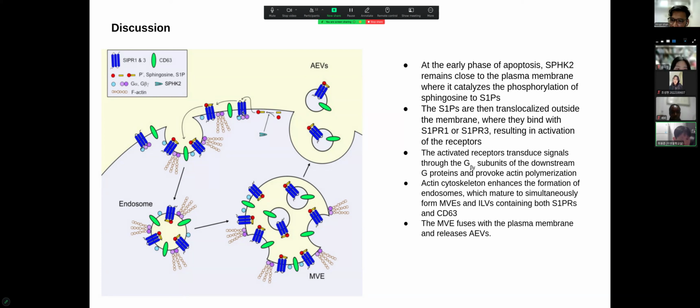S1PR1 is translocated to the membrane, and when S1PR1 is activated, the activated receptor transduces a signal for the provocation of actin polymerization. The actin cytoskeleton then enhances the formation of endosomes, which then mature into multivesicular endosomes, and the multivesicular endosomes then move to the cell membrane, and from there the exosomes are released.